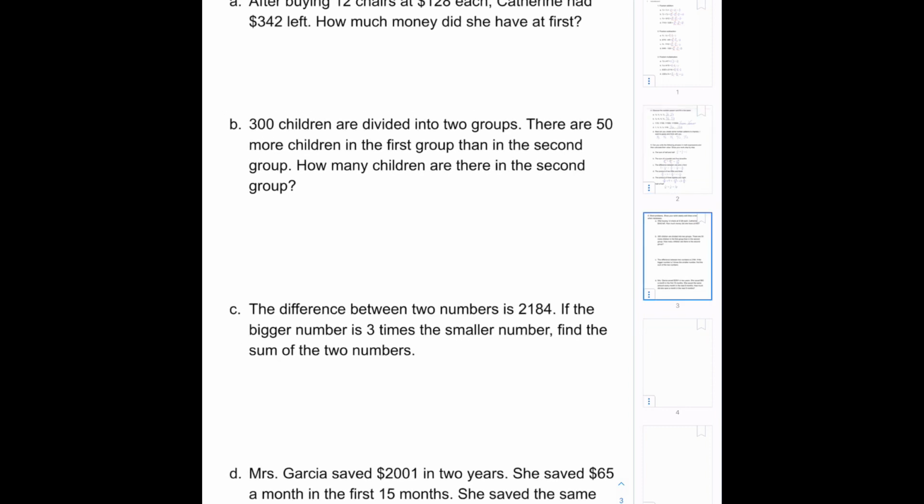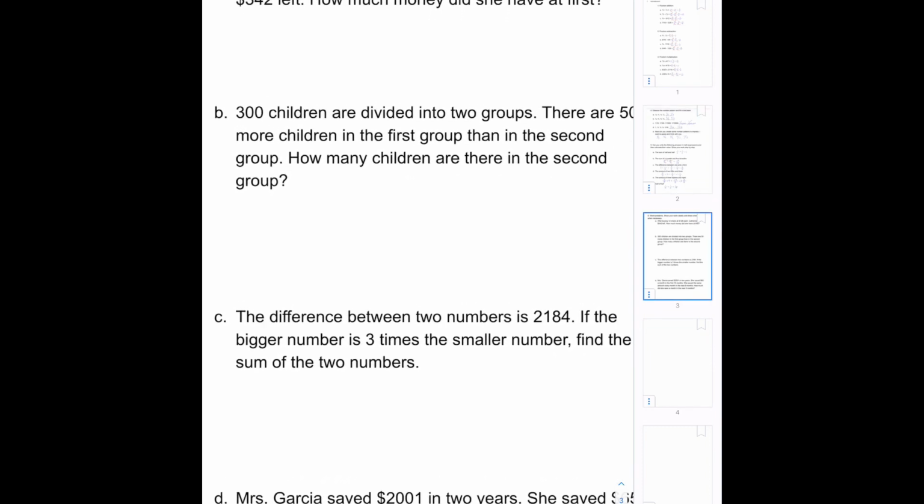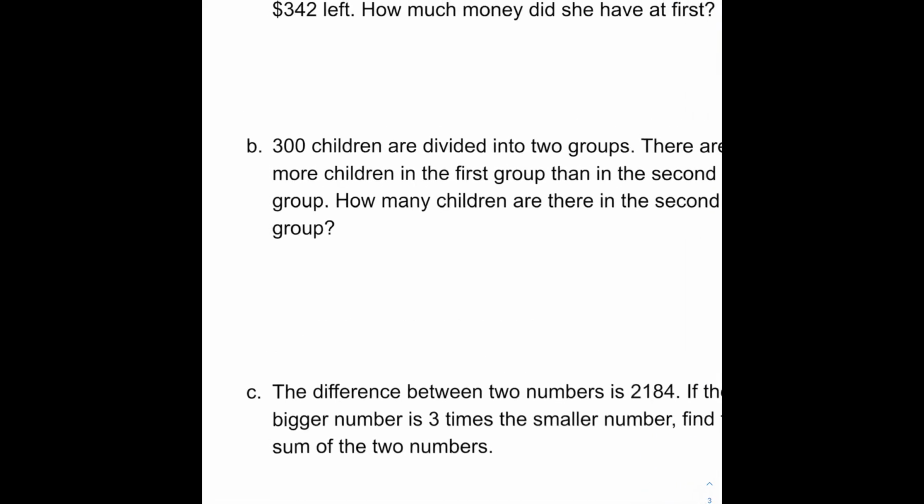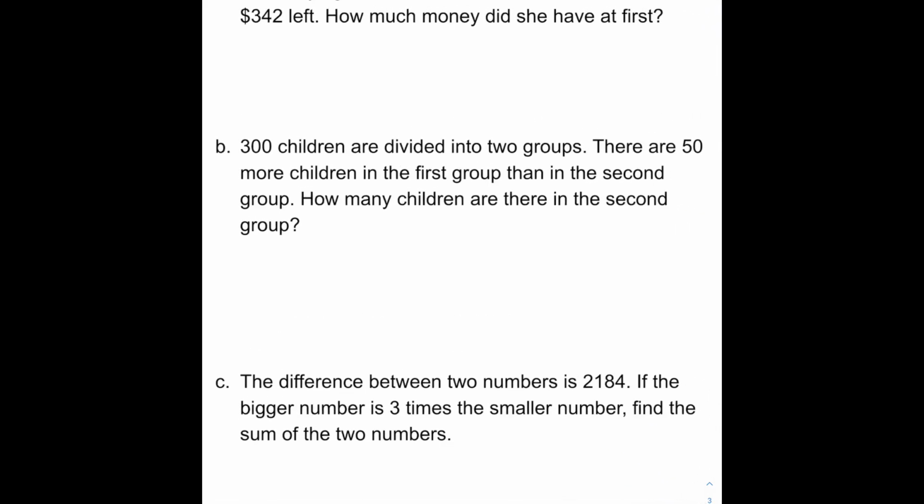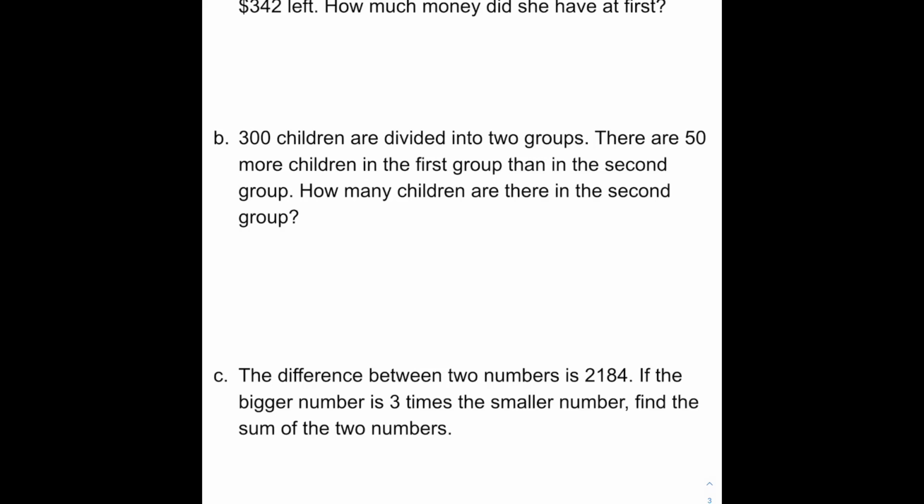After buying 12 chairs at 128 each, so this will be 12 chairs, 128 times 12, and plus 342.